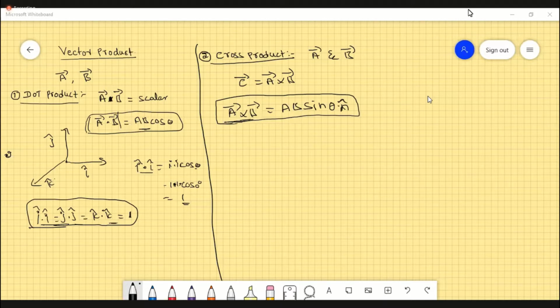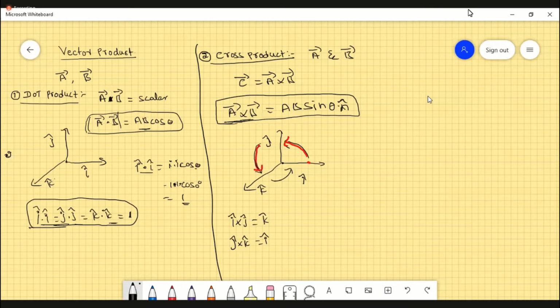For unit vectors i cap, j cap, k cap, in cross product, i cross j equals k cap. j cross k equals i cap.